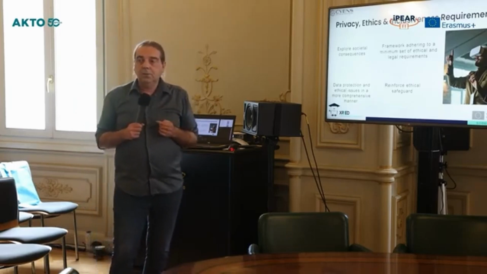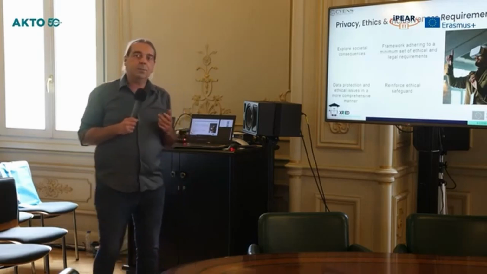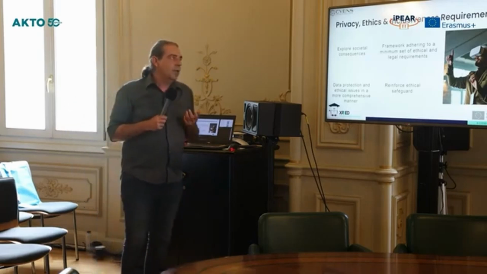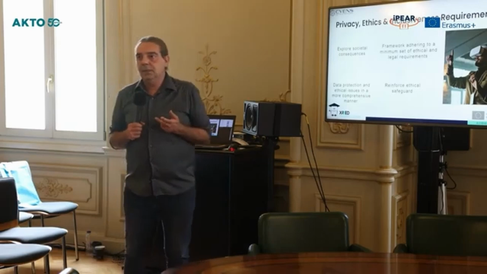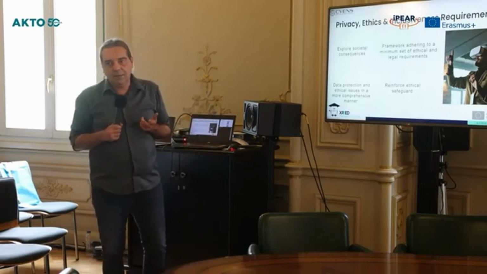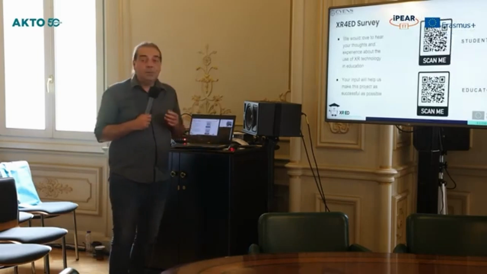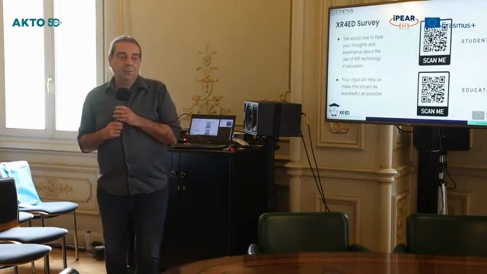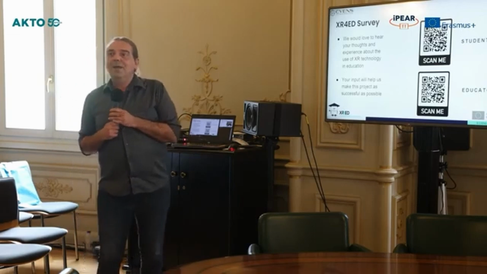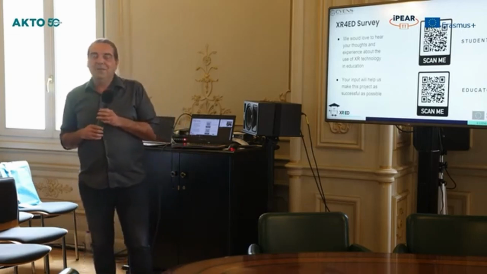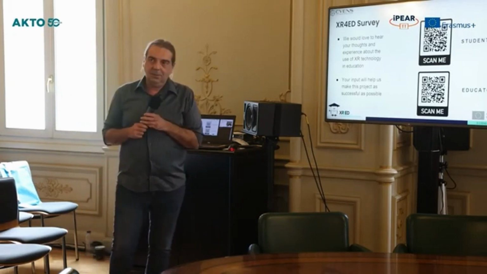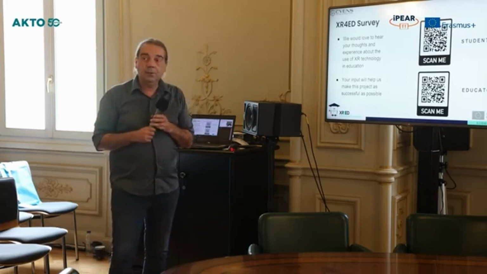So we want to explore different issues about societal consequences and ethical safeguarding, data protection, and so on. What we are doing at the moment, I have to submit a deliverable tonight. It's the deadline. It's the first part of the user requirements. We have a second part in August.